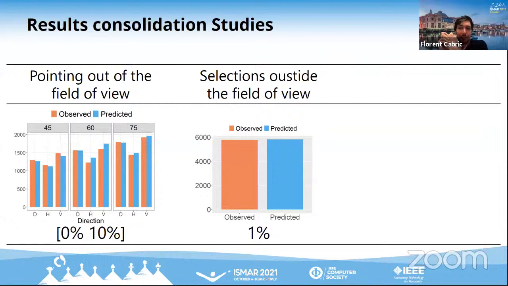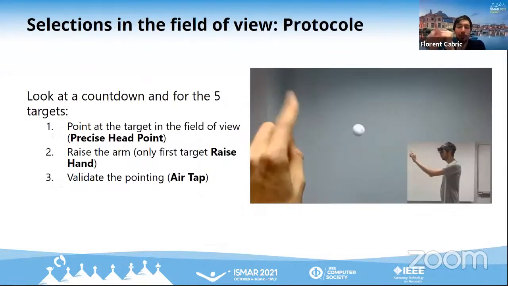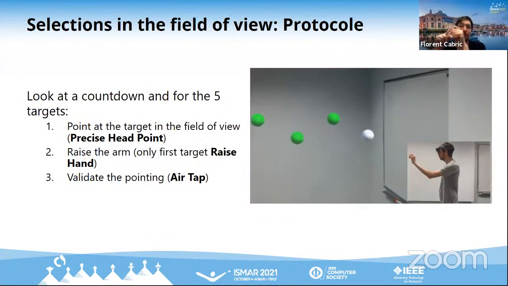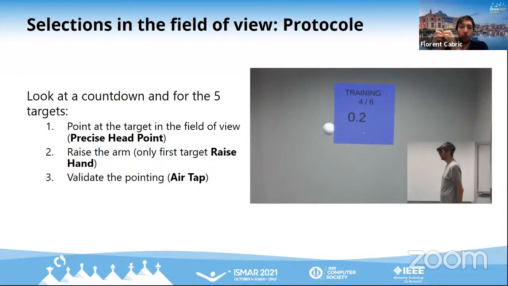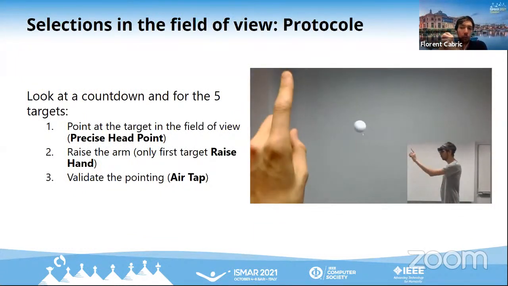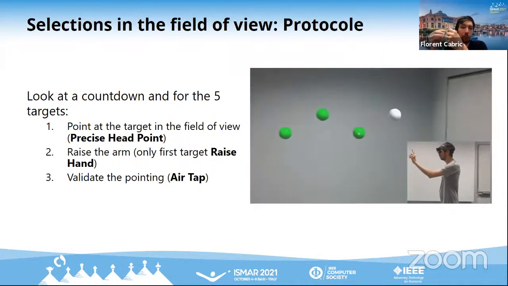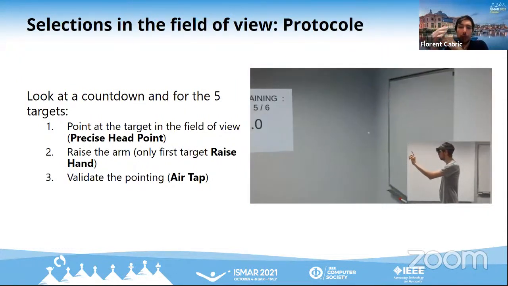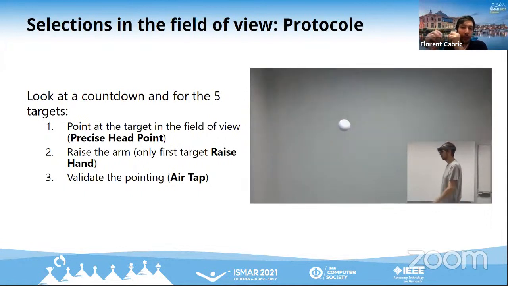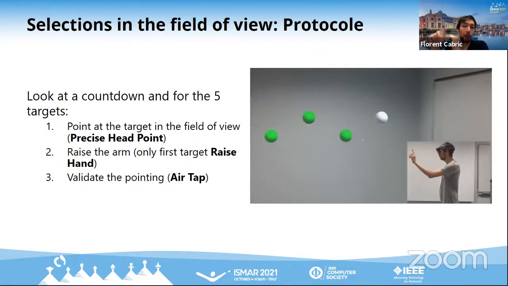And the third and last task is also a 5-target selection task, but in this study, the targets are placed inside the field of view. So after a countdown, the user has to 1, point at the target with the precise head point operator, 2, only for the first target, raise their arm, and 3, validate the pointing with the AirTap.